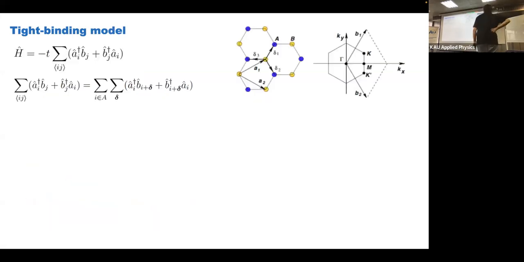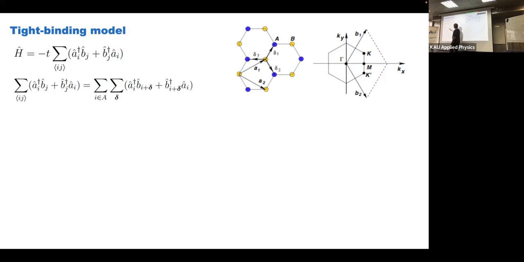What are we doing next? Before, I worked with A and B atoms as different atoms from different sublattices. But I don't want this B parameter because it's just another parameter. I want to cancel it in some way. How can I do it?